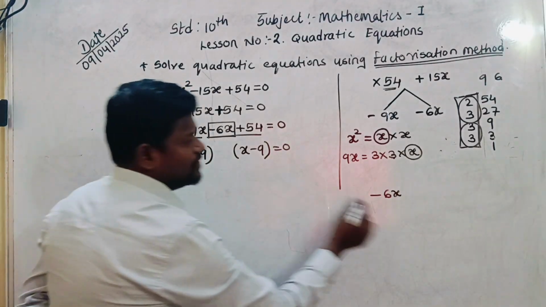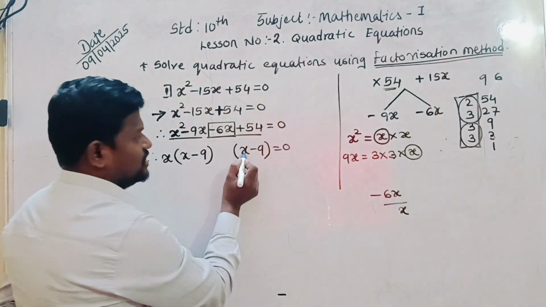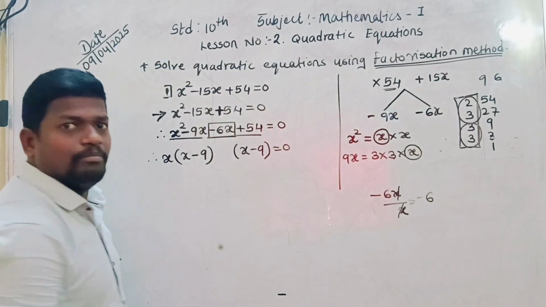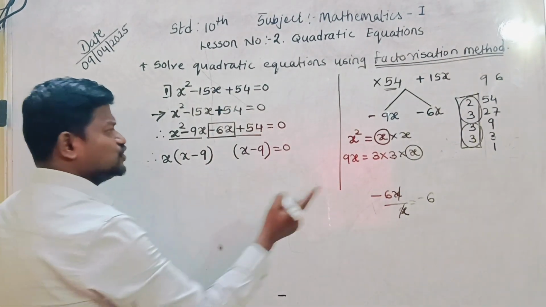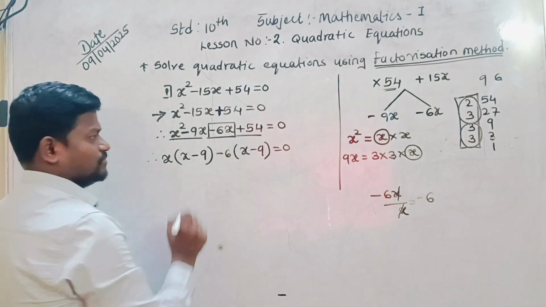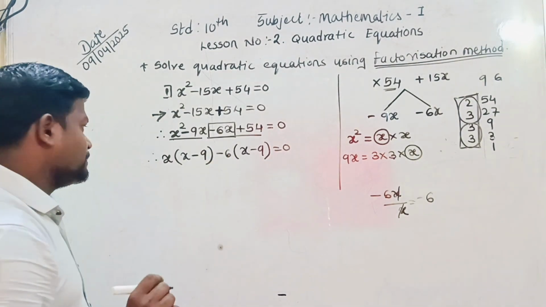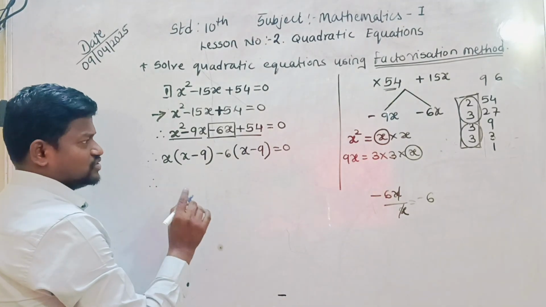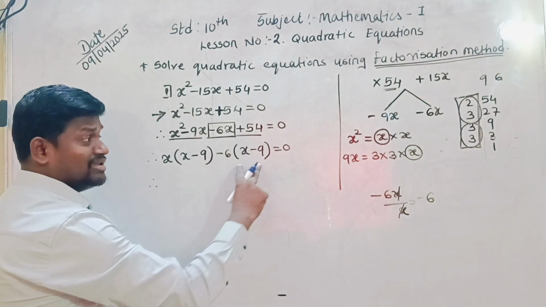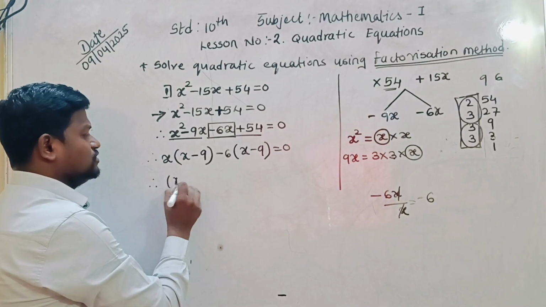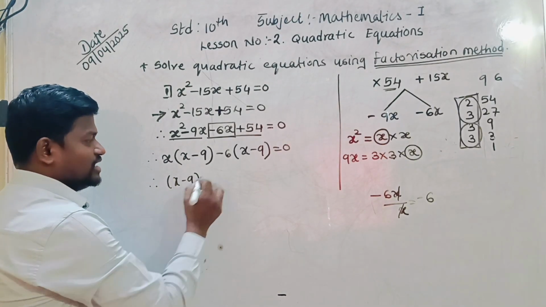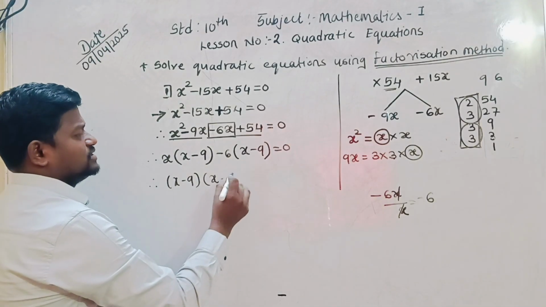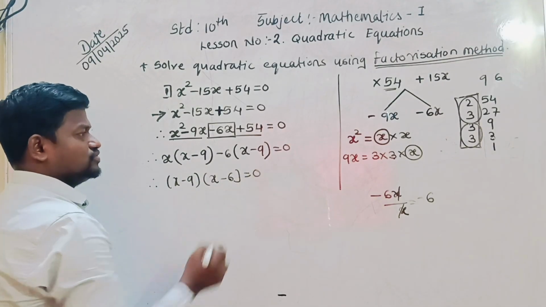Here we have x, here we have x, so the common factor is minus 6. So write minus 6 here. Understood? Now write down the common bracket first, that is x minus 9, then write down the next bracket, that is x minus 6, equal to 0.